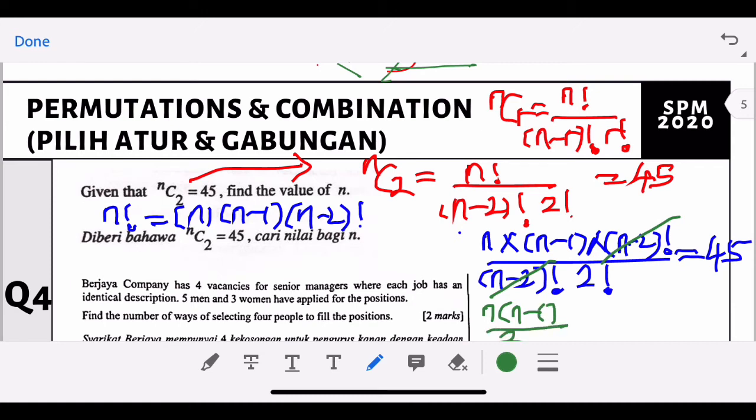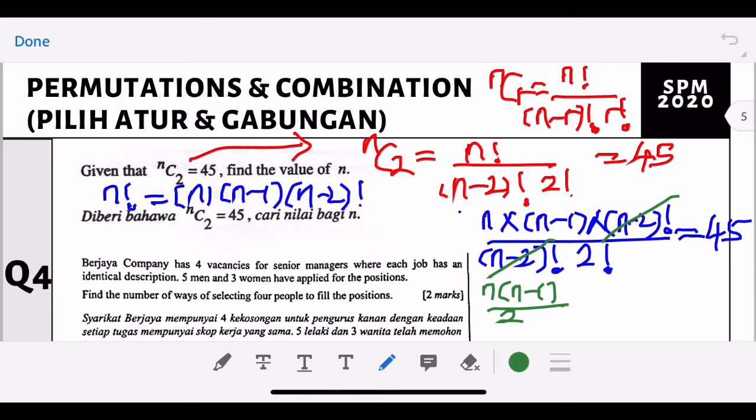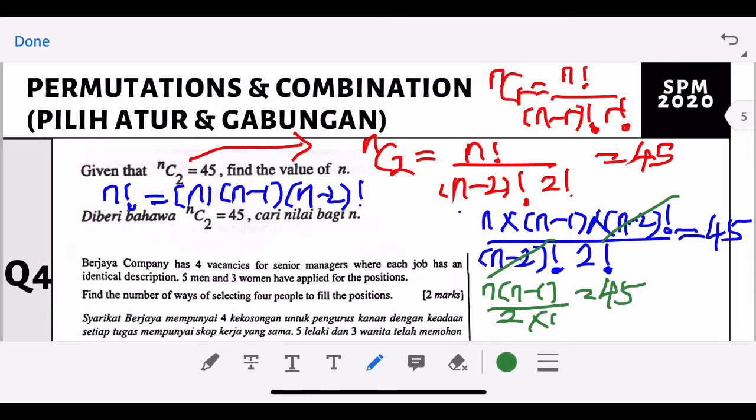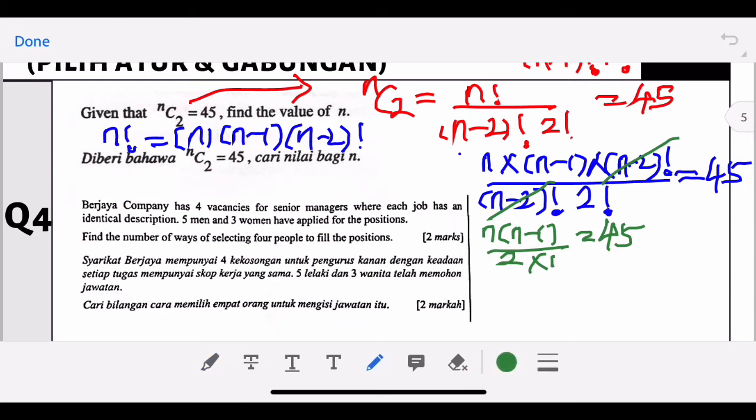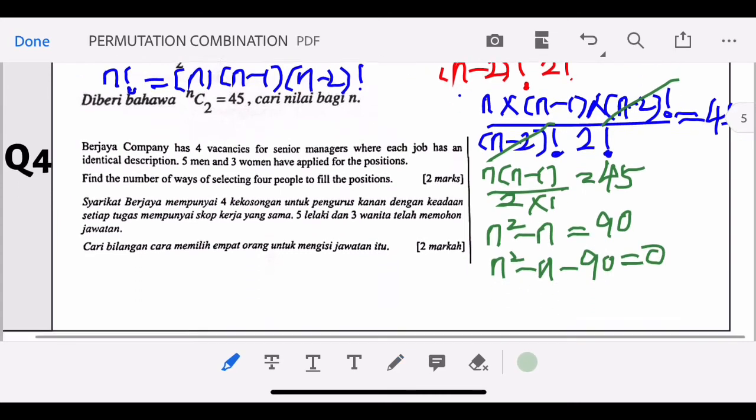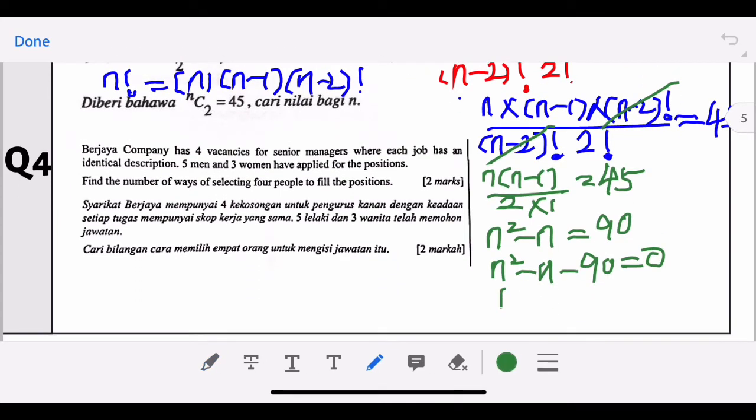The most important thing is the formula nCr. Don't forget, you can always refer to the formula list. So the balance will be n times (n minus 1) over 2 times 1 equal to 45. Then you cross multiply and get n squared minus n equal to 90, and n squared minus n minus 90 equal to 0.